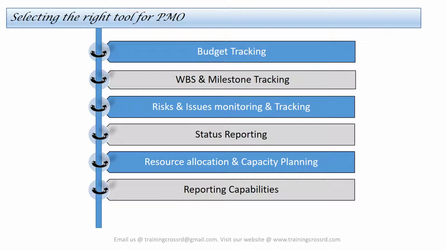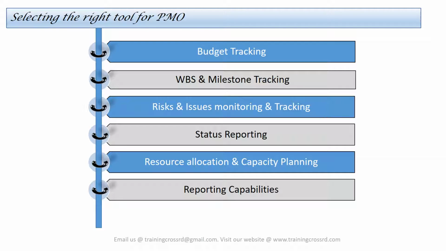Can we report risks and issues through this tool? Can we create a status report through the tool and share it with all the stakeholders? Can we allocate tasks to resources through this tool and also see an overall availability of resources when we want to assign them tasks? That is, can we do the capacity allocation?